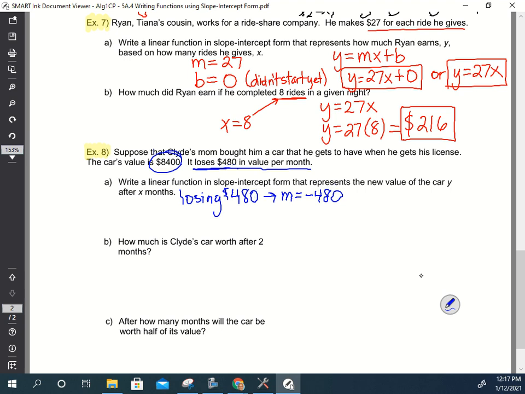So $8,400 is the car's value. So $8,400 is the starting amount of the car. So that means that's your y-intercept.